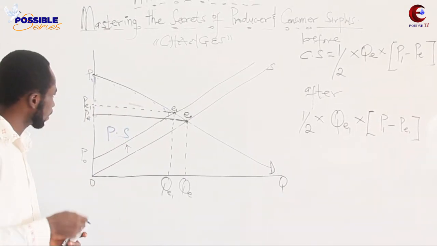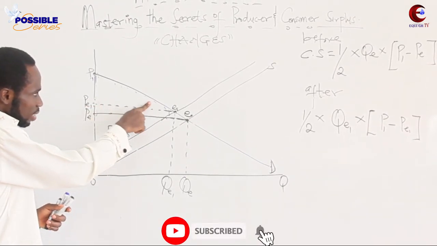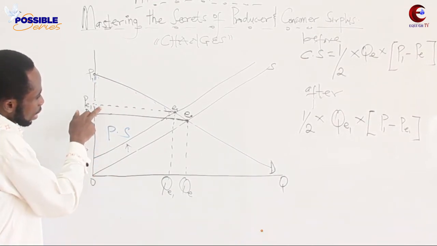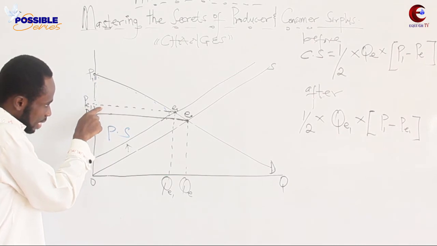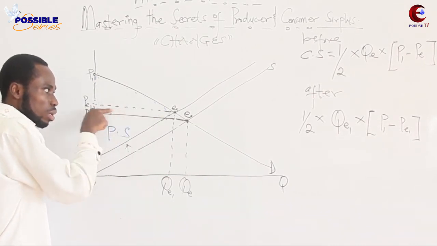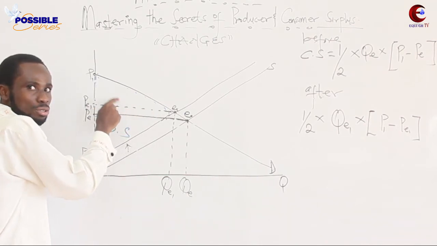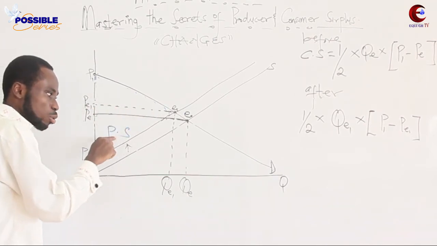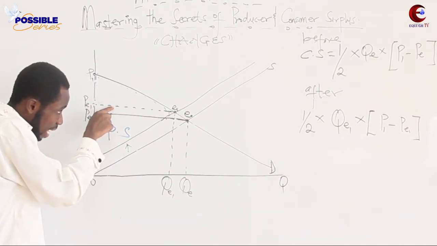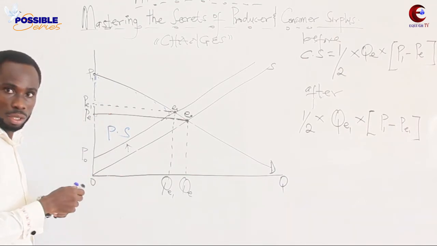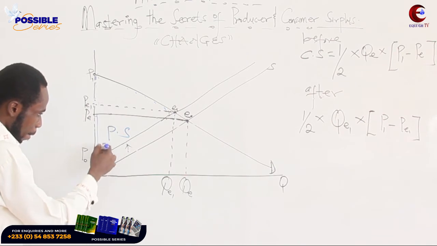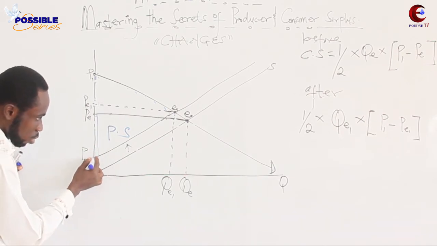So we could see that the demand zone, which is the consumer surplus, has decreased by this margin, and this margin which has been deducted from the consumer surplus is now adding up to the producer surplus. So the producer surplus will also extend from here to here to here. So the producer surplus will be from here, because this is our new supply function.